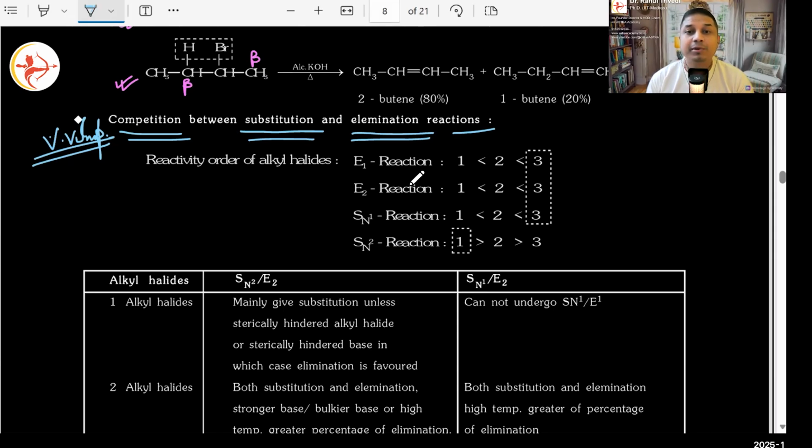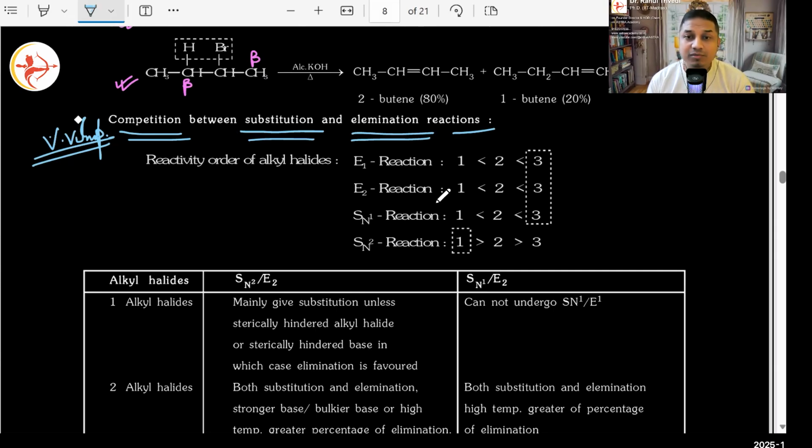Where will E1 happen? Where will E2 happen? Where will SN1 happen? Where will SN2 happen? How do I choose it? I hope it is clear. So we are in that discussion of the gray zone, one of the most important, crucial zones of the whole of organic chemistry. Yes, interesting. Let's do that.